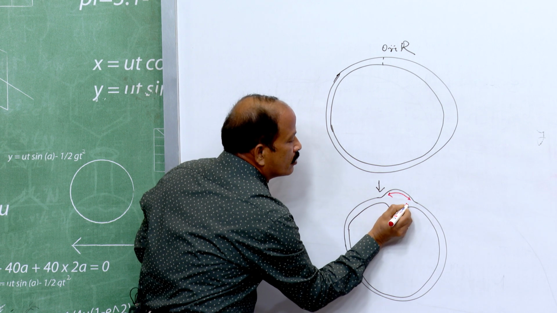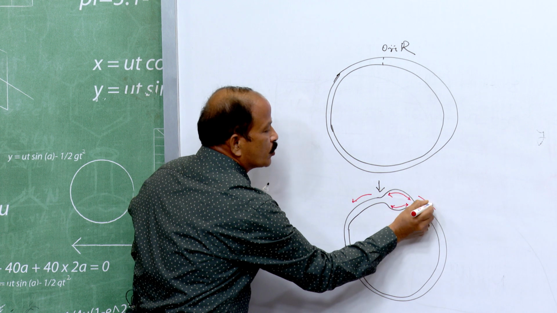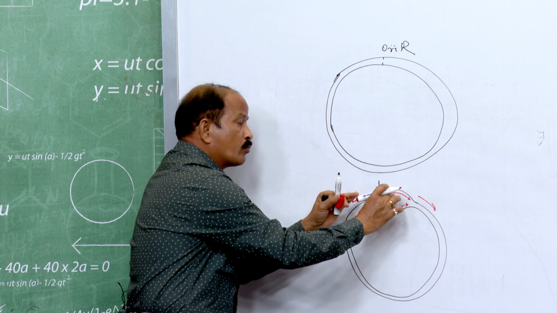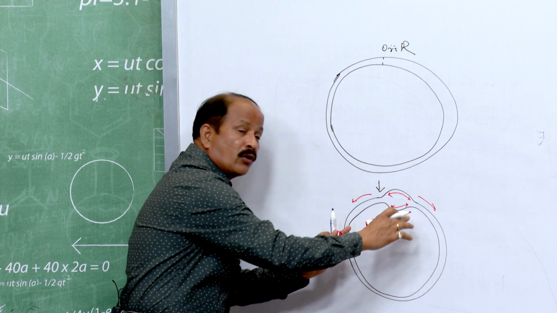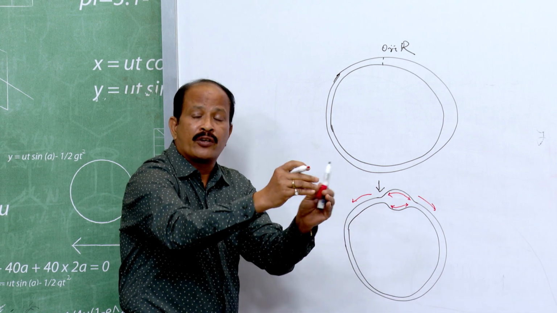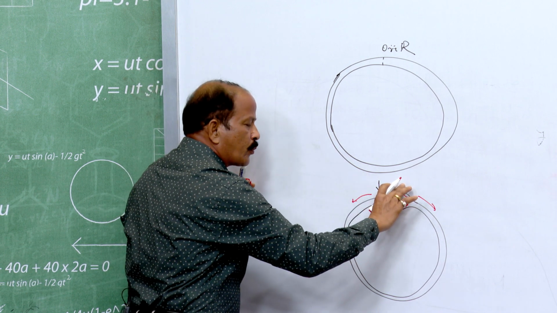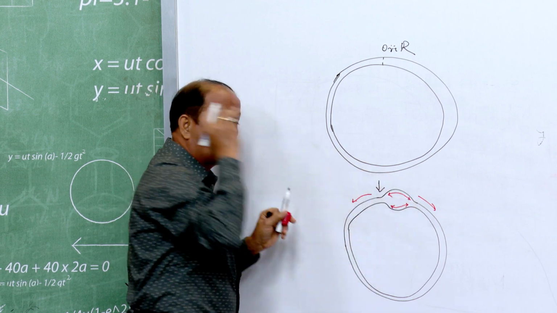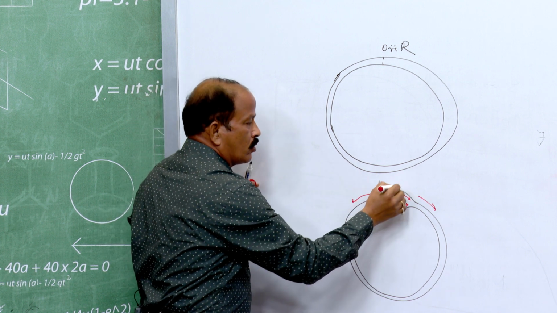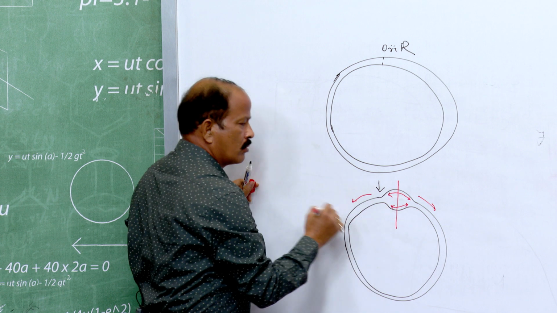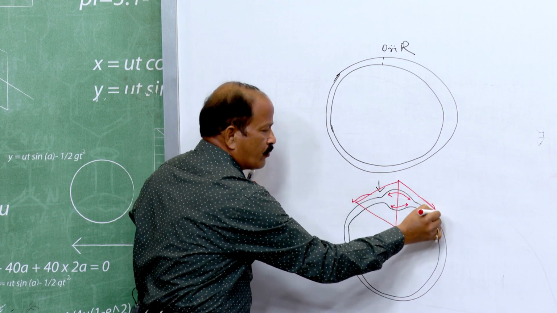In this direction replication proceeds, and in this direction replication proceeds. So, replication proceeds from this point in both directions, and ultimately they meet at the other point. This replication bubble or eye has two forks. This can be a fork and this can be a fork.